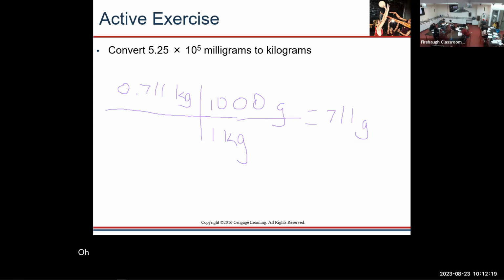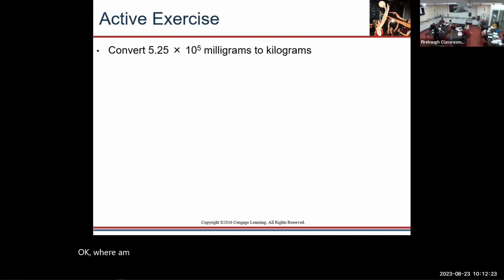Okay, where am I going to start? What's my given?